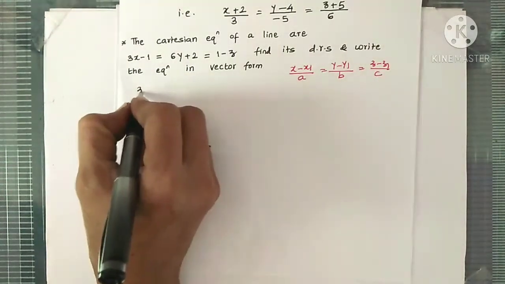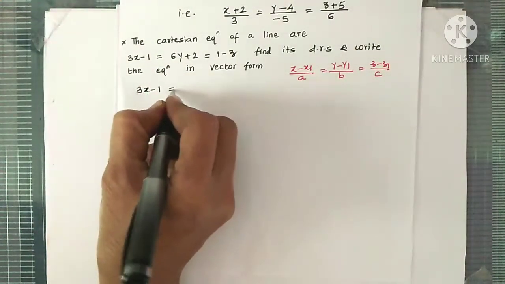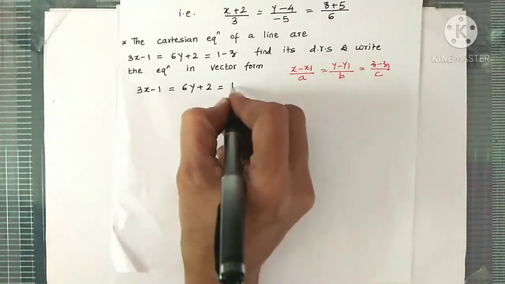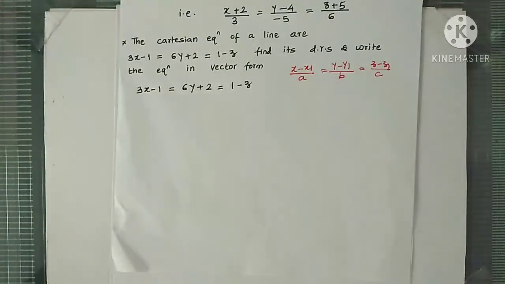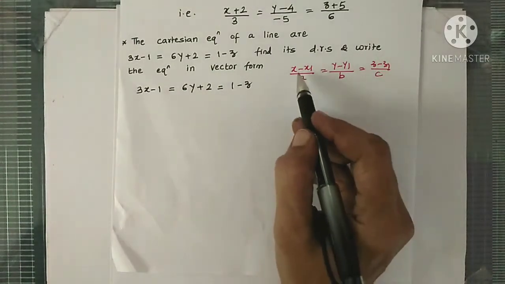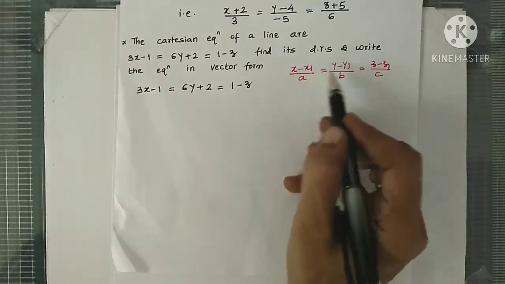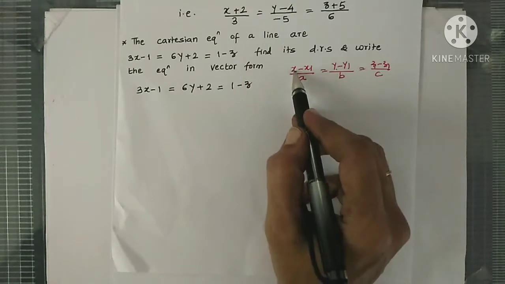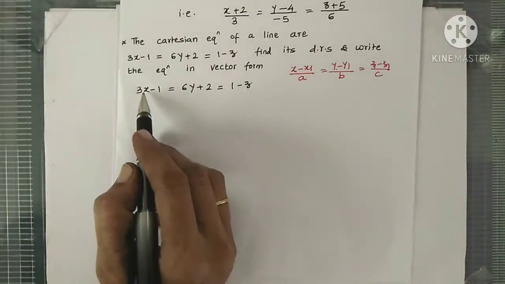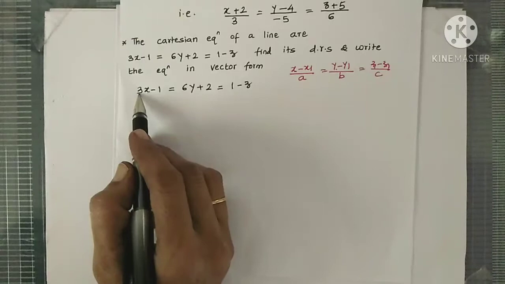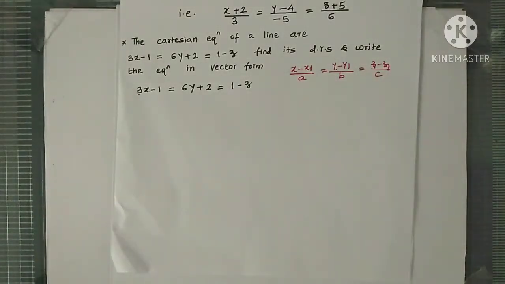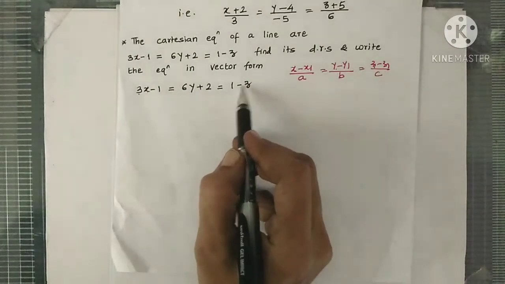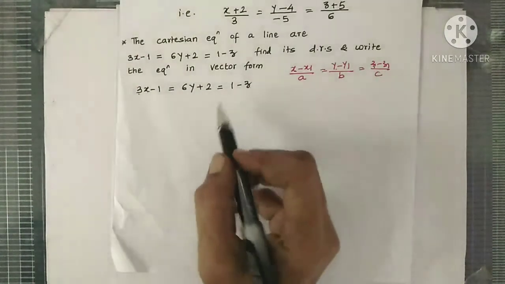So the given equation is 3x - 1 = 6y + 2 = 1 - z. What we need is a term in x first, then term in y first, term in z first, and that too with coefficient 1. Here we have the term in x first, but the coefficient is not 1, it is 3, so we want the coefficient to be 1. Here we have term in y first, but term in z is not first, so let's write it first.